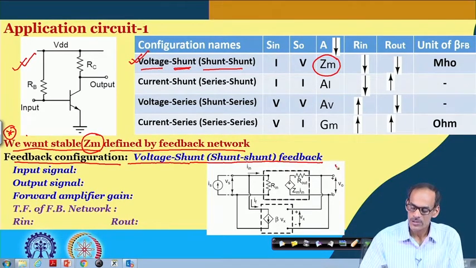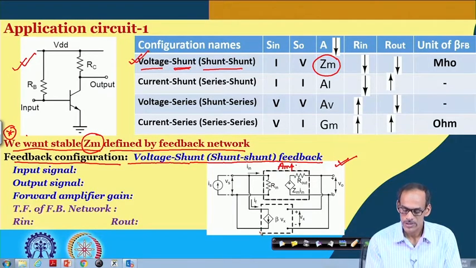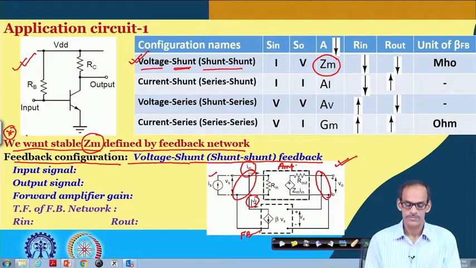And this is the corresponding model of the configuration, where this is the forward amplifier, and this is the feedback network, and here we have the sampling of the output voltage, and here we have the mixing of the primary input and the feedback current to get the input current for the amplifier.